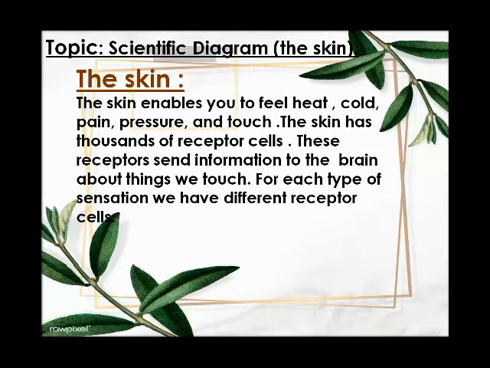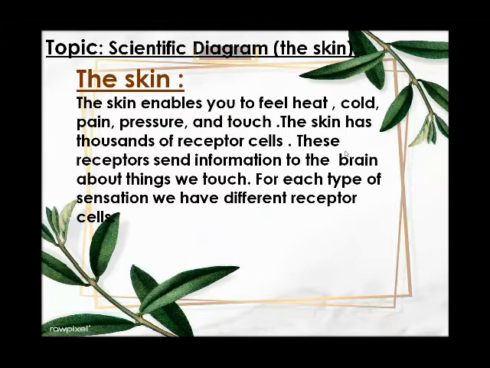The scientific diagram: the skin. The skin enables you to feel heat, cold, pain, pressure and touch. Our sense organ, the skin, tells us many things. It lets us feel heat, cold, pain, pressure, touch. We can easily feel it because skin is our sense organ. The skin has thousands of receptor cells.